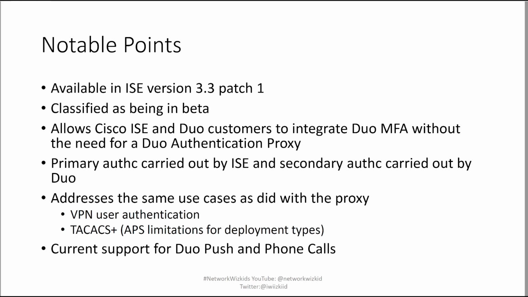Do take a look at the Cisco documentation if that is something that you are possibly going to be working with and may be concerned about. You can take a look at that in more detail just to see what those authentications per second are. But nevertheless, the point is that we now have the ability to do this without the Duo Authentication Proxy.